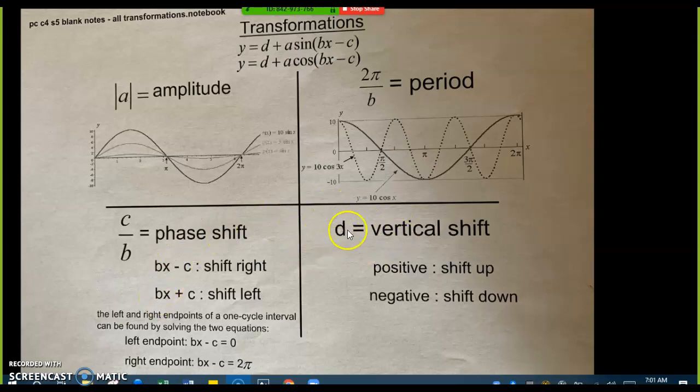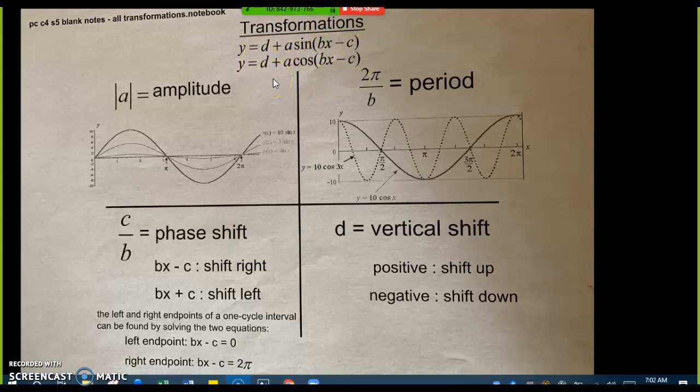All right, let's go over to D, and we're going to talk about the vertical shift. And our vertical shift is going to shift the entire graph up and shift the entire graph down. The vertical shift is this D value, if you look back up here, and it's what's being added or subtracted from the entire function.